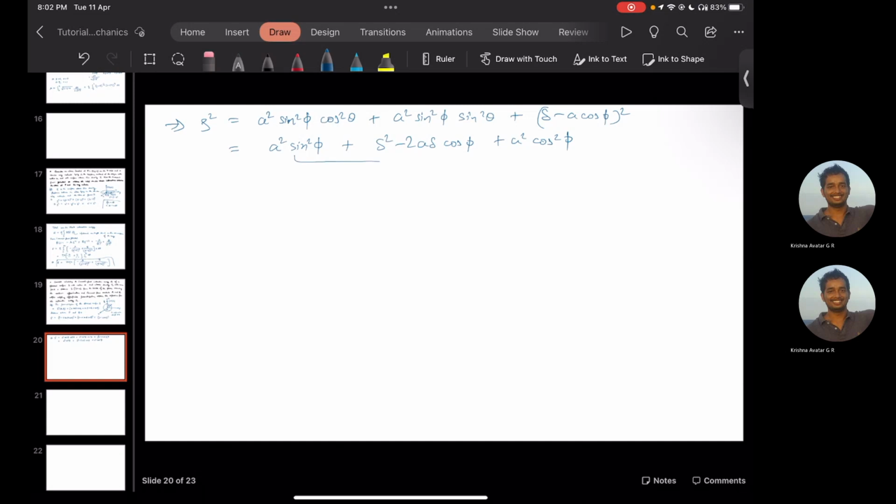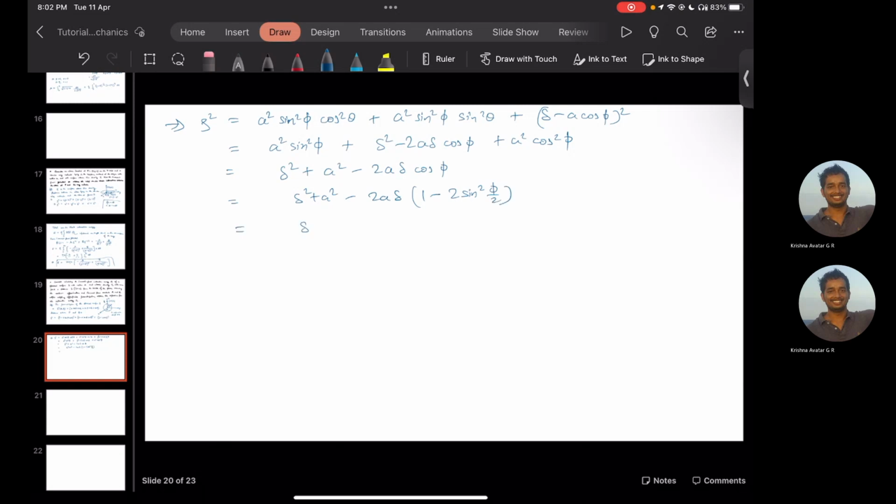And what you see is we can even reduce the first and the last term. This gives us then just del squared plus a squared minus 2a del cosine phi. And using our trigonometric identity, cosine phi is 1 minus 2 sine squared phi by 2, is it not?